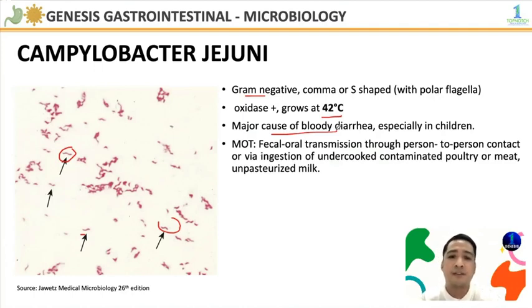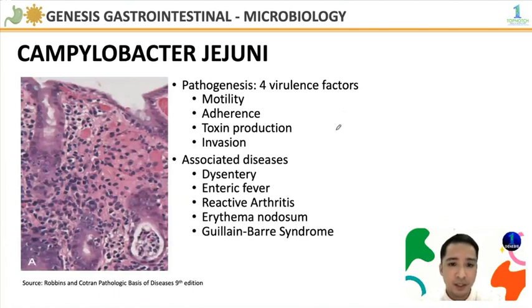Again, the mode of transmission, one of the most important things that you have to remember when you're talking about diarrheal diseases: the mode of transmission, the type of pathogens, and the culture media. So you see here in Campylobacter jejuni, we have four virulence factors. What does it mean?